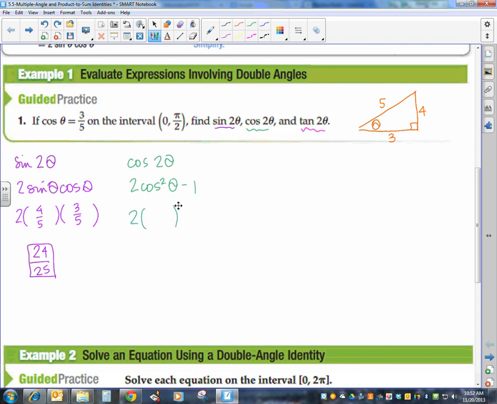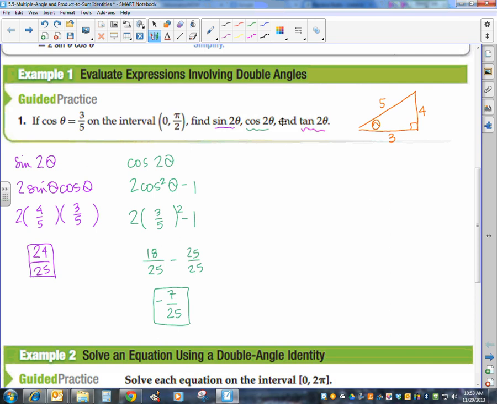What is my cosine of theta? They gave it to me as 3/5. So that's 2 times 9 is 18 over 25 minus 25 over 25, which is negative 7 over 25. Okay, so my cosine is negative, my sine is positive.